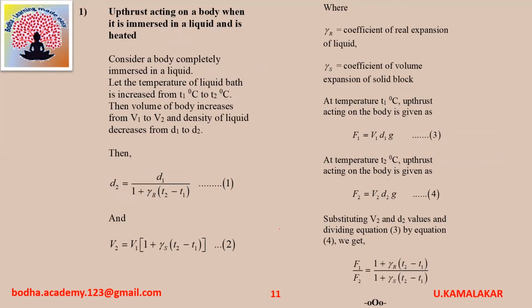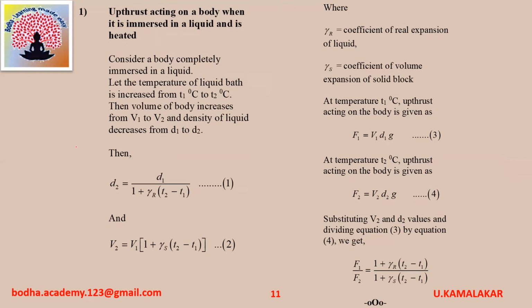Next topic, upthrust acting on a body when it is immersed in a liquid and is heated. Consider a body completely immersed in liquid. Let the temperature of liquid bath be increased from T1 degree centigrade to T2 degree centigrade. Then volume of body increases from V1 to V2 and density of liquid decreases from D1 to D2.